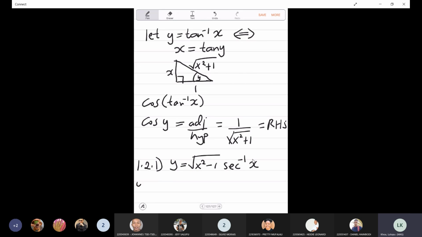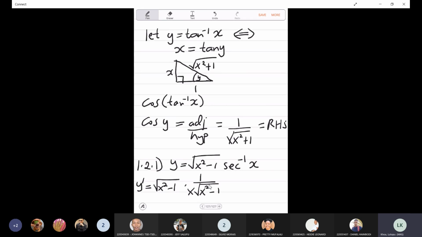So y prime here, this is the first one as it is. So it's the square root of x squared minus 1, and then multiply by the derivative of sec inverse of x. The derivative of sec inverse of x, if you remember from your table, is 1 over x square root of x squared minus 1.